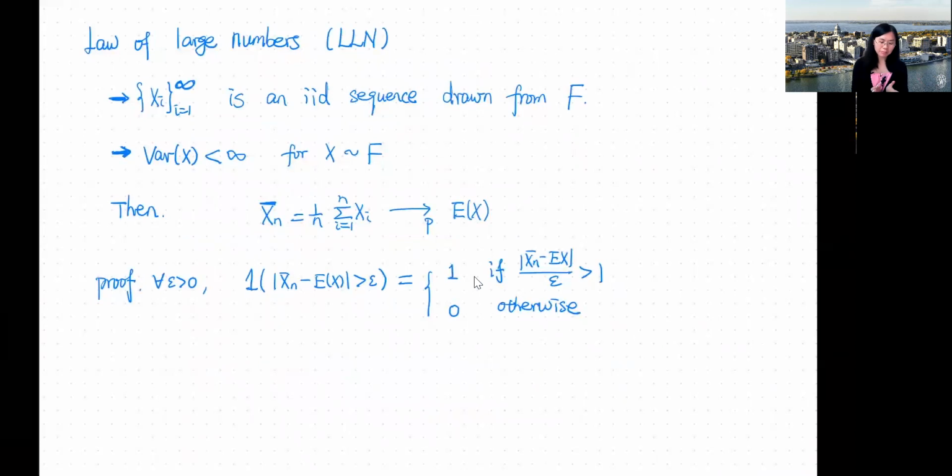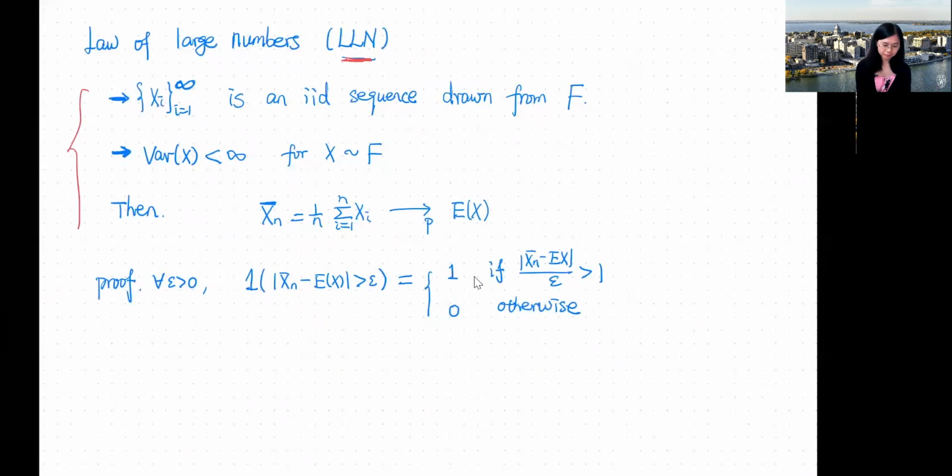An important tool to prove consistency of estimators is the law of large numbers, or in short, LLN. This is the statement of the law of large numbers.